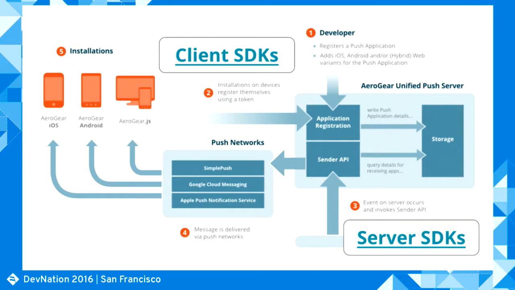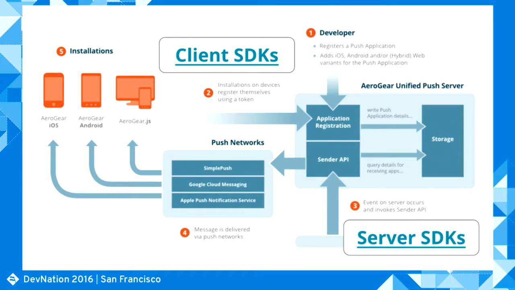So here's a diagram of basically how the unified push messaging works. We have client SDKs and server SDKs here, and as a developer, we're going to create our application, and we're going to write in that application the code that's needed for setting up the right server, public-private keys, right? Things like that are just part of the application, or part of the push messaging.